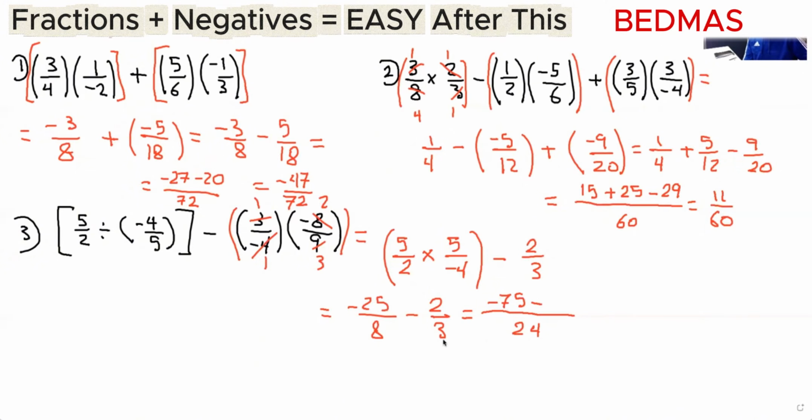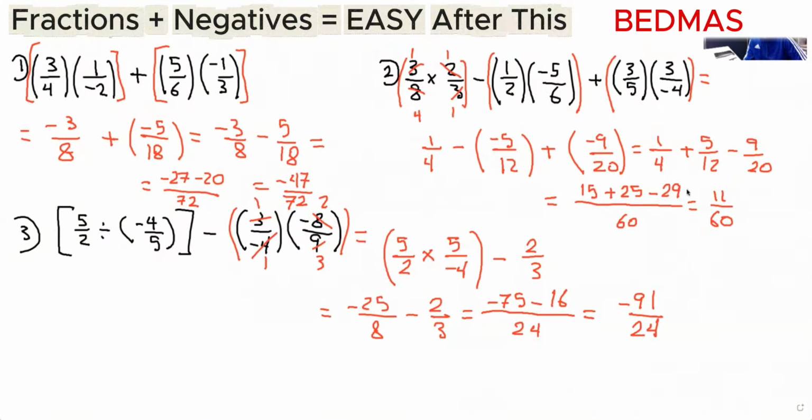Minus 24 divided by 3 is 8. 8 times 2 is 16. And that's going to give me negative 91 over 24.